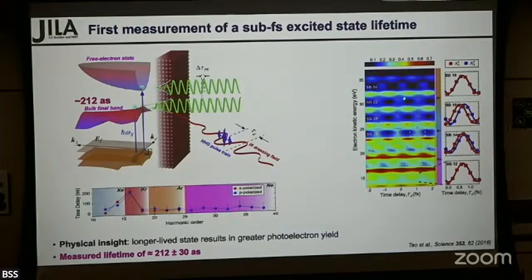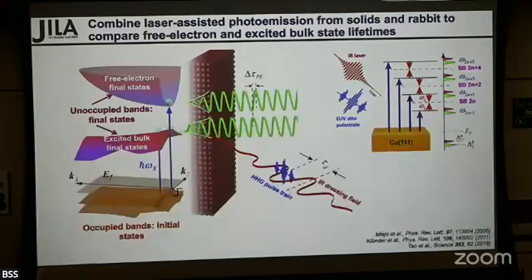These little things in between are the sidebands that correspond to the interference between two pathways. In this pathway, the photoelectron absorbed a UV photon and emitted an infrared photon.